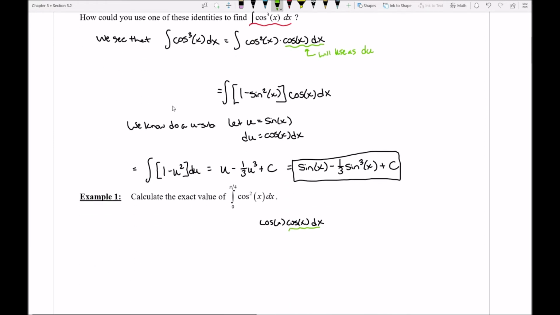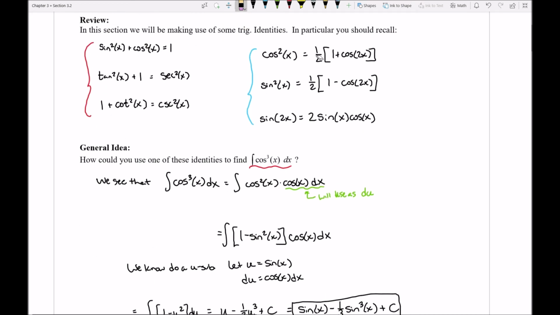So instead, when I have this value squared, I'm going to notice, wait a minute, cosine squared already exists in so many of these identities. I could use a red identity and say cosine squared is equal to 1 minus sine squared, but then notice that I'm going to have to integrate something with sine squared in it, and that has the same complexity or difficulty in integrating that regular cosine squared did.